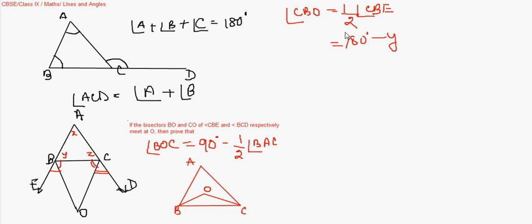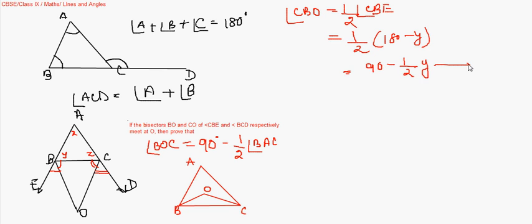Oh, sorry, I left this half part. I need to erase and rectify it properly. We can write it as half of 180 minus Y, which if I open the bracket will be 90 minus half of Y. This is our first equation, let it be. On the other hand, BCD is bisected by the ray.